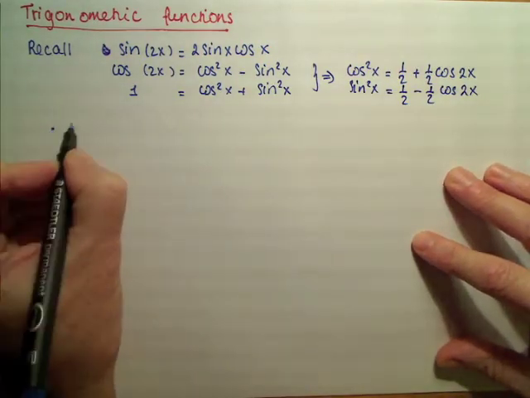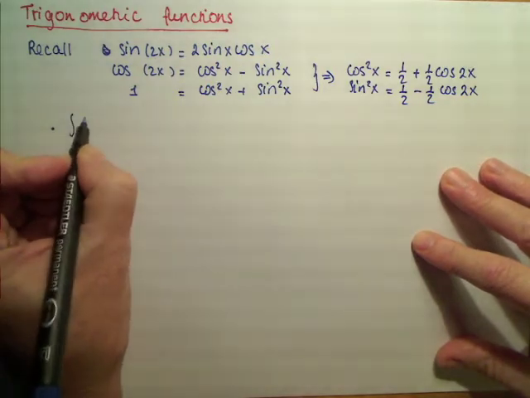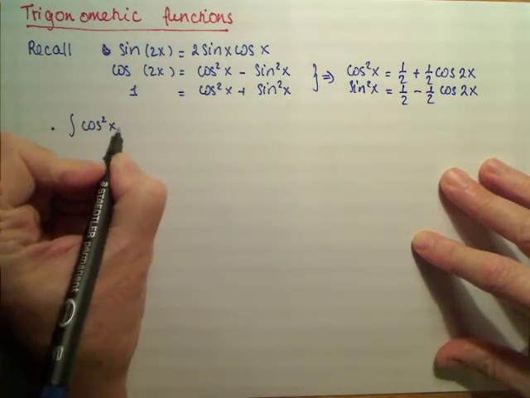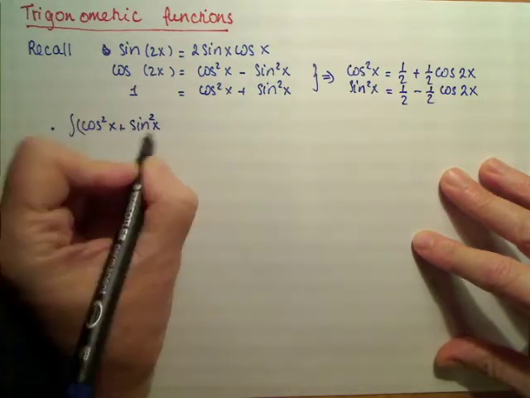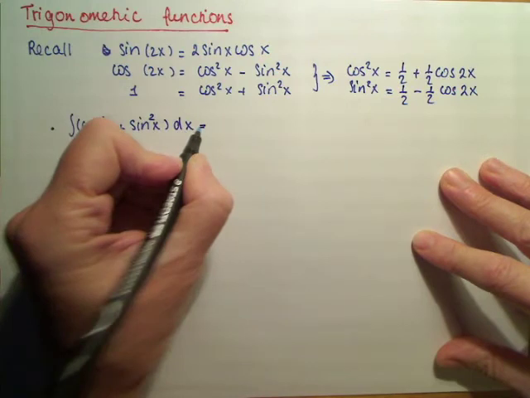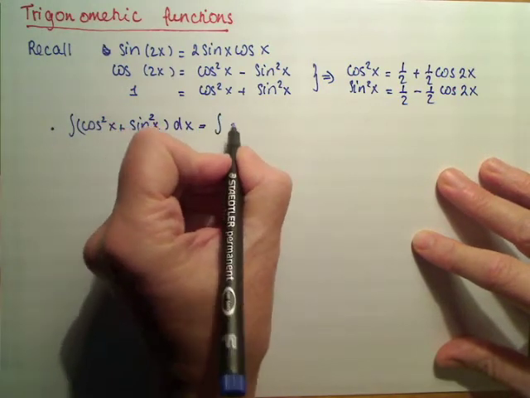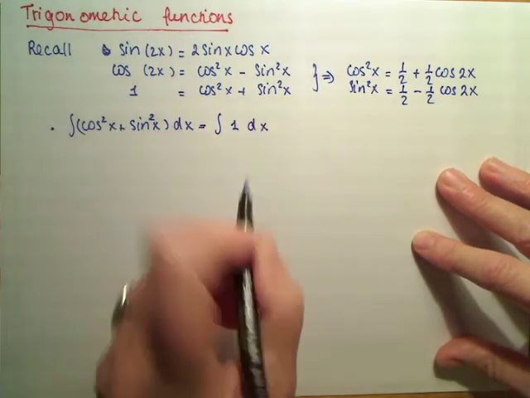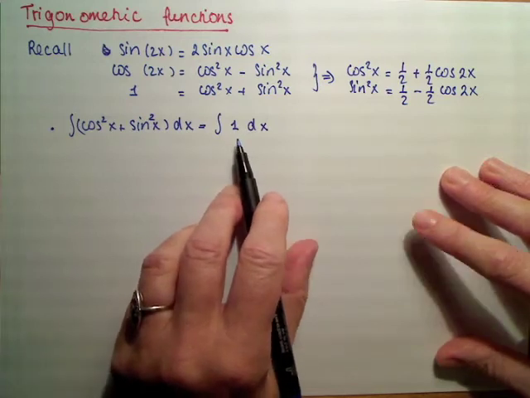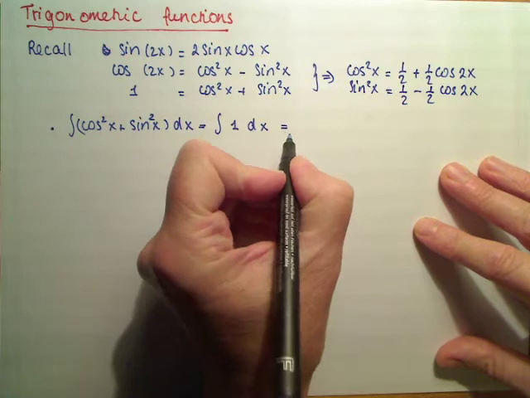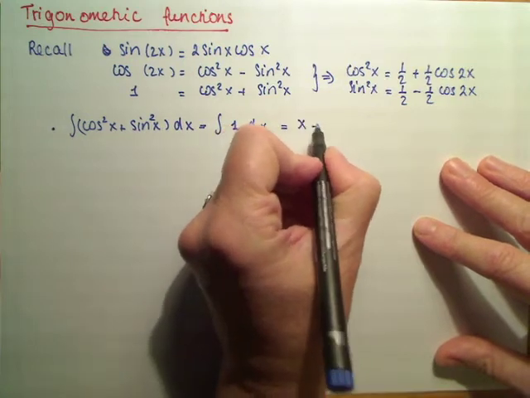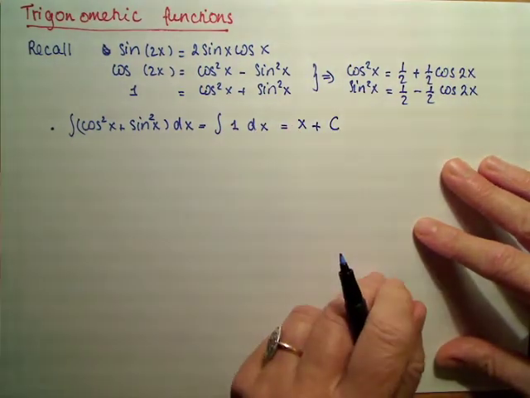Now what you could do is, if you want to integrate cosine squared of x plus sine of x squared, then you shouldn't make too much of an effort. You should realize that you do nothing but integrating the function 1, and the primitive of the function 1 is equal to x plus an arbitrary constant c.